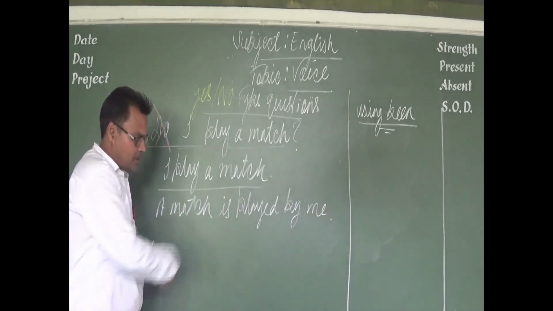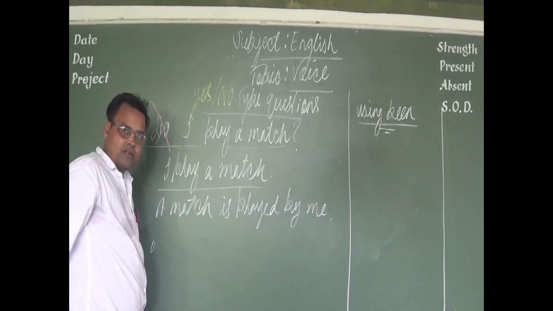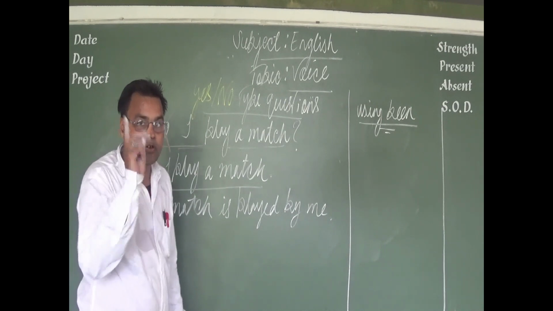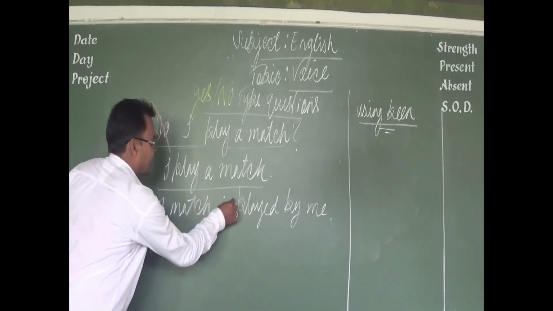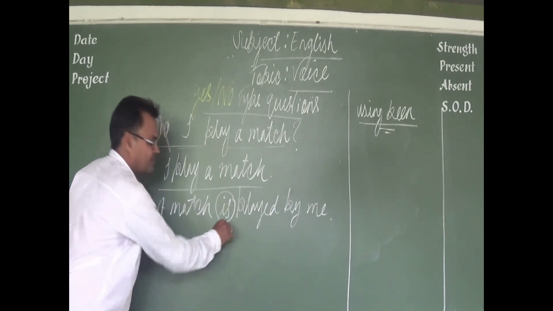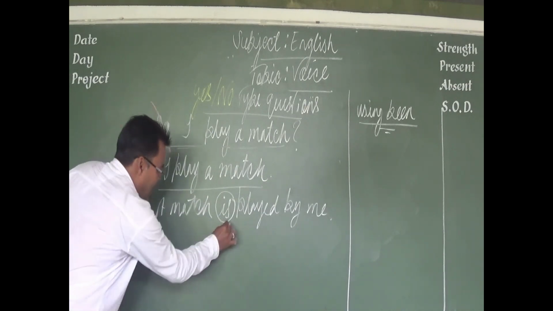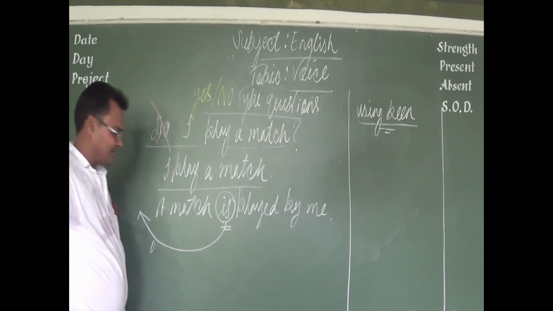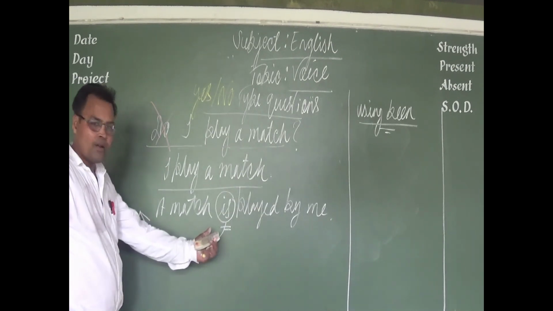Right? This is the passive voice. What is the next step? For the exact answer, what you have to do? See, this is the helping verb. You have to place it at the first.